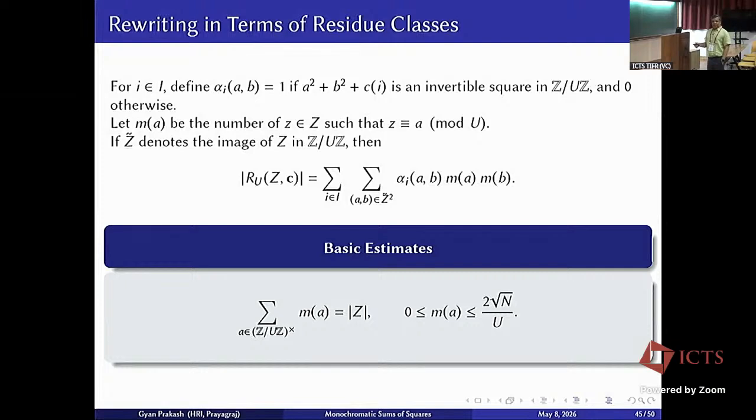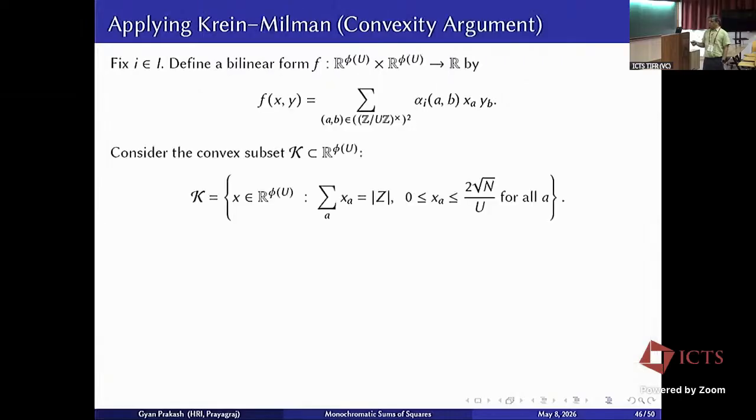So R_uZC will be an evaluation of some bilinear form, viewed as a value of a bilinear form on lattice points inside a certain convex subset. So we are trying to estimate this R_uZC. Let us see what the bilinear form is.